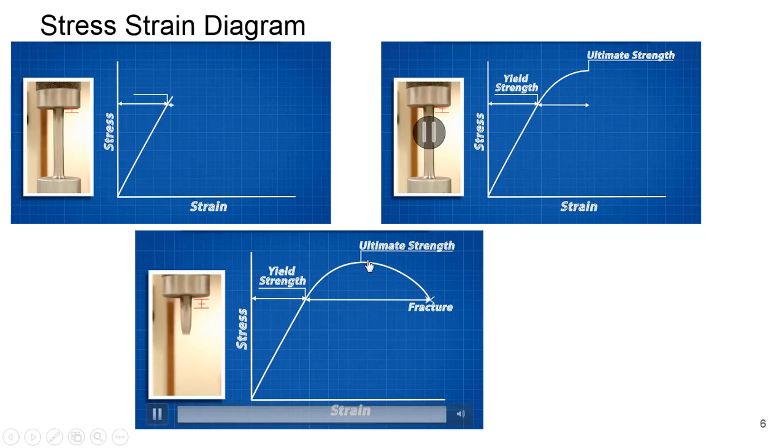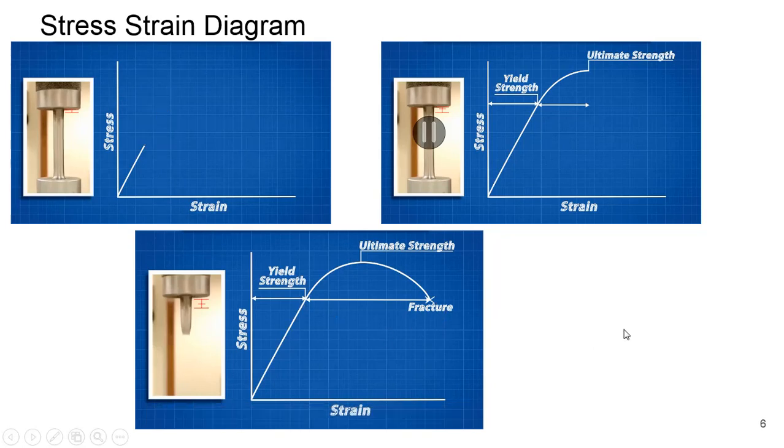So non-uniform plastic deformation takes place, this particular region is called necking, and finally the fracture takes place. The important strength quantities that we can get out of it are yield strength, ultimate tensile strength, and the fracture strength of the material.